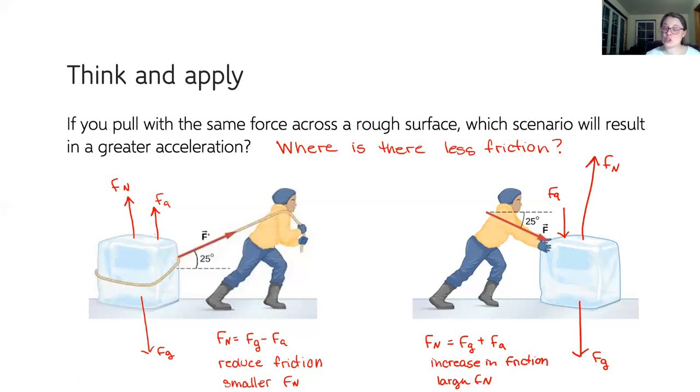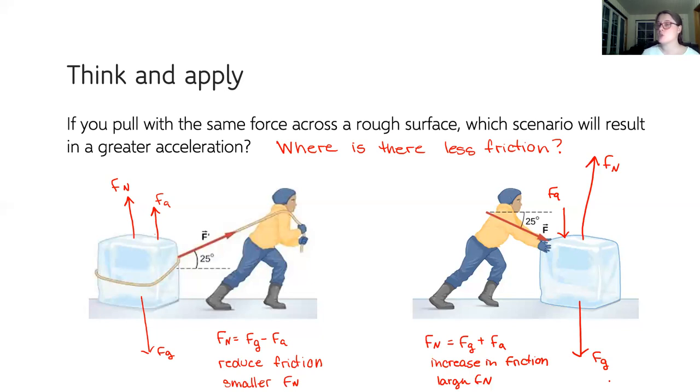Hopefully that makes sense. If that doesn't make sense to you, I want you to find an object in your house or in the classroom, an object somewhere, and I want you to test it. Simple as sliding a table. Try pulling it at an angle and feeling what that pull feels like. Then try pushing downwards.